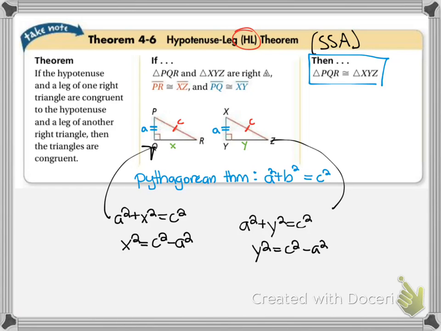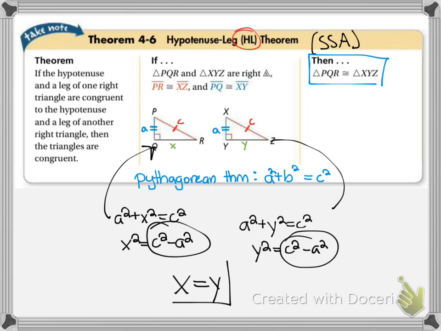So they both equal c squared minus a squared, therefore x has to equal y. That's an explanation, a proof, just using the Pythagorean theorem. Then the triangles would be congruent by side, side, side. There is a formal proof in your book if you want to look at it a different way. It is not using the Pythagorean theorem.